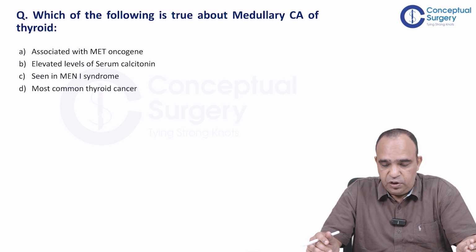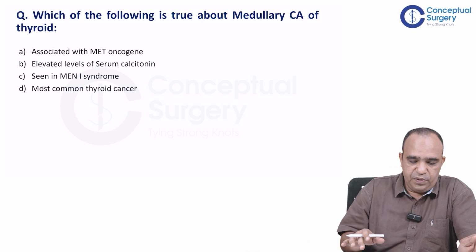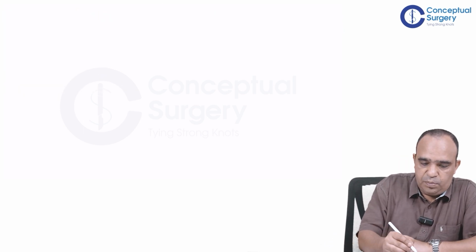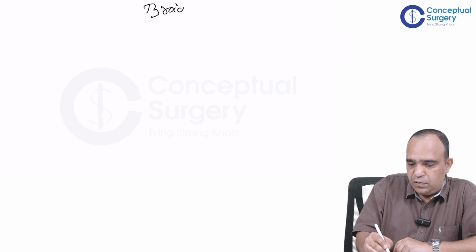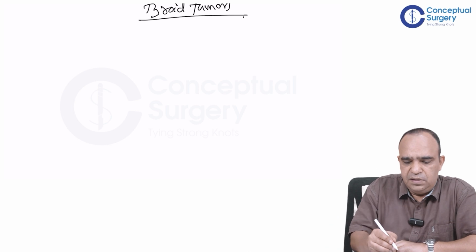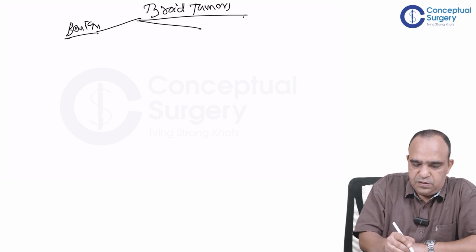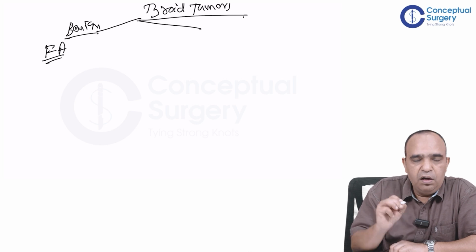First is, which of the following is true about medullary carcinoma of thyroid? So before jumping on this, let us talk about thyroid cancers, thyroid tumors. We have benign and malignant. Benign is follicular adenoma.